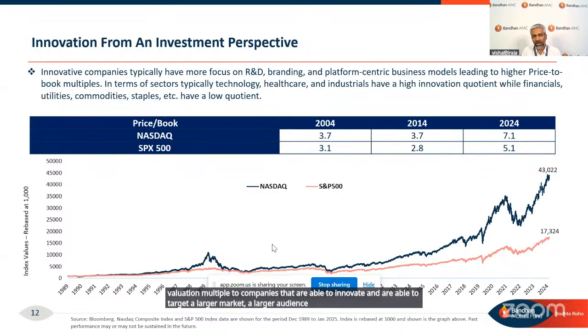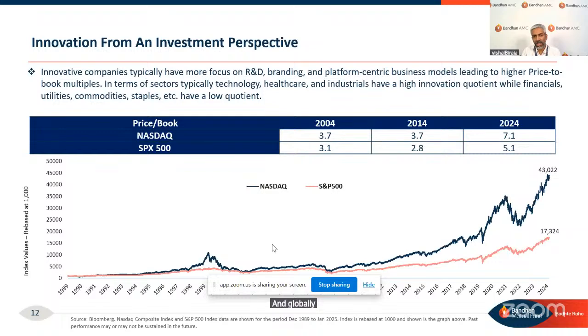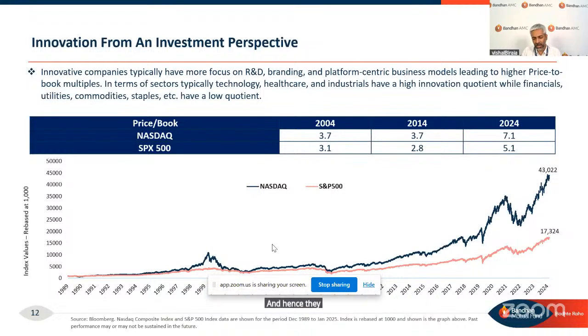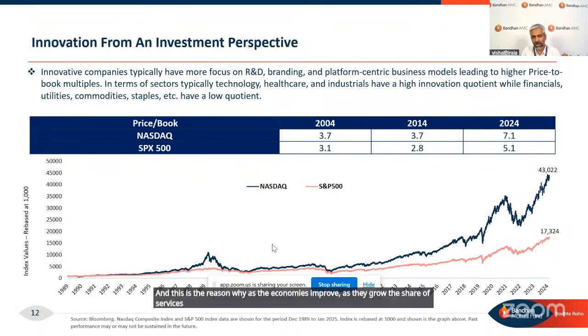So all the platform-based companies that we have seen proliferate over the last 15 years in India and globally over the last 25 years, a lot of these companies have got huge operating leverage, and hence they command a much higher multiple. And this is the reason why, as economies improve and grow, the share of the services sector also increases.